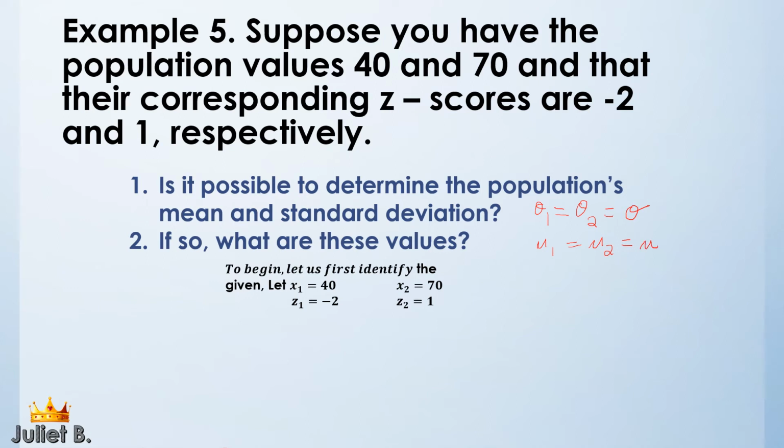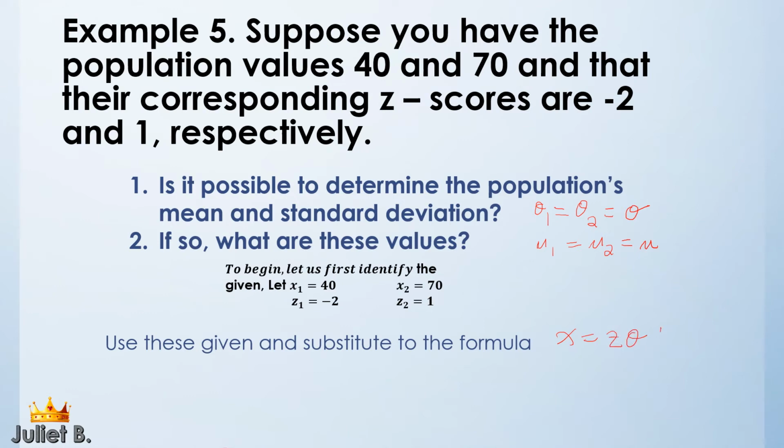Furthermore, we need to review our algebra, specifically on system of linear equations. So, we will use this given and substitute to the formula, and we will be using the formula x is equal to z times standard deviation plus mean. From this given, we can derive two equations.